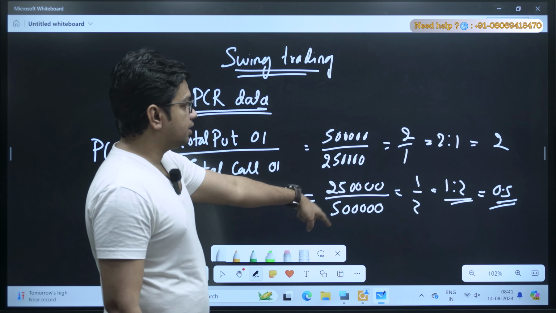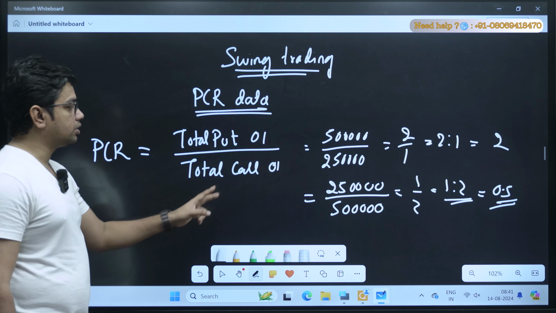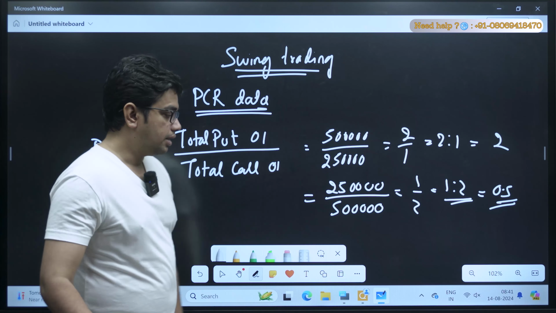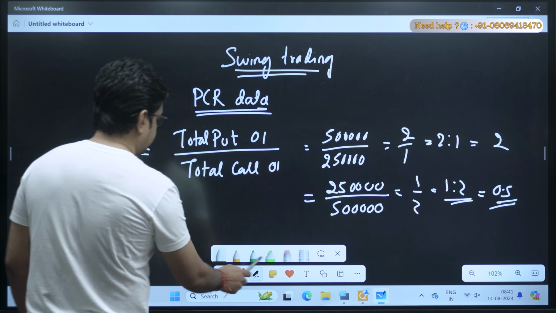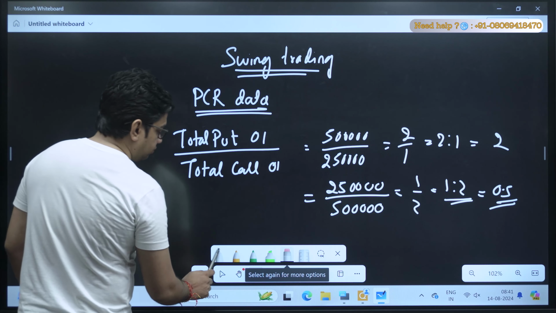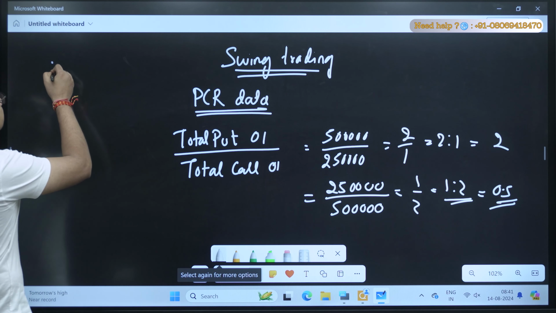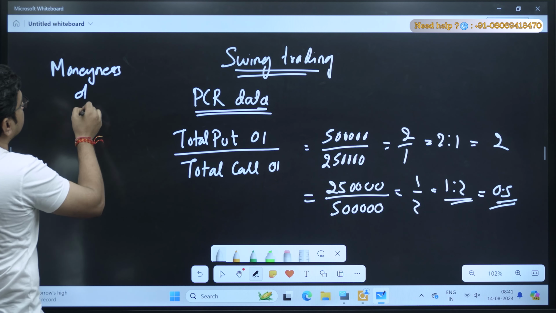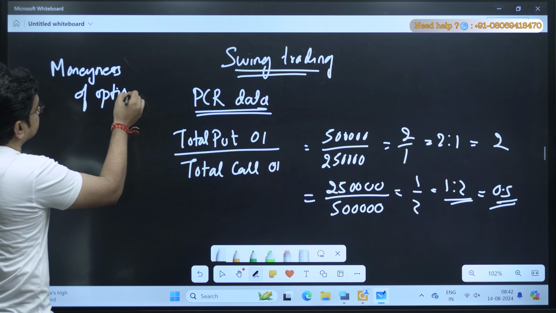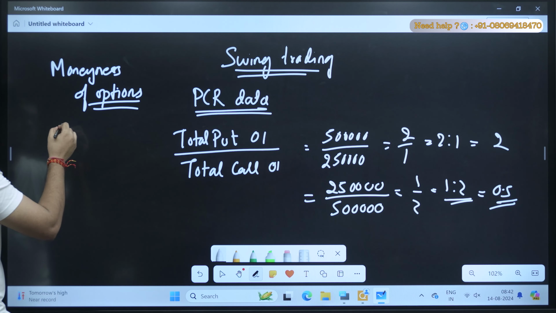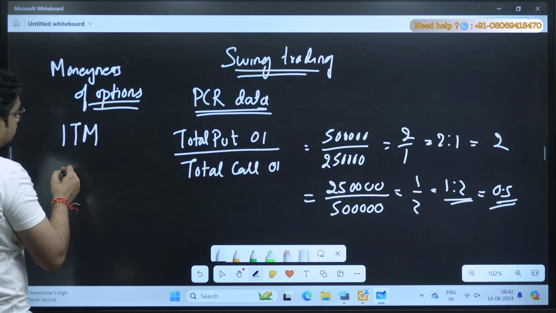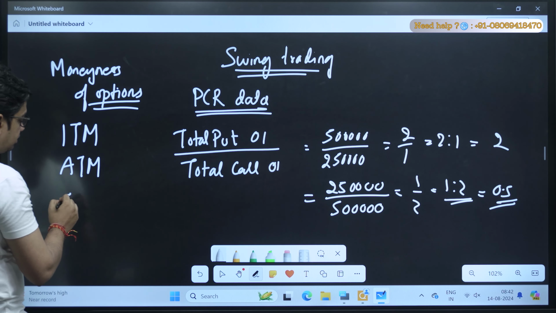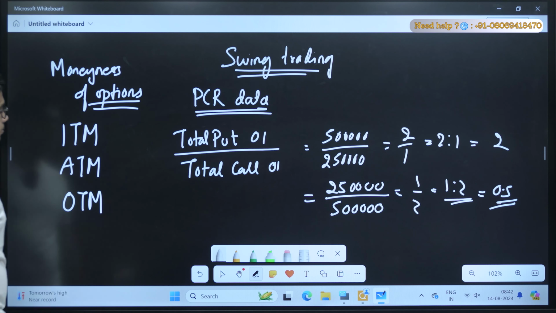Now whatever changes happen in the total put and total call OI will reflect over here. Now we know the moneyness of options, that means there are ITM, ATM and OTM options.